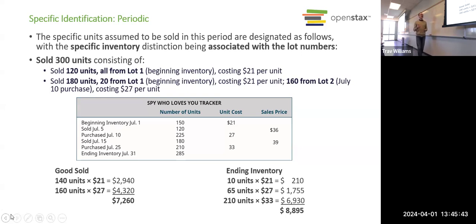So then if we want to see the cost of what we still have in inventory, do we have anything left in lot one? We started with 150 units, we sold 120, then we sold another 20. So what do we have left over? 10. So we still have 10 units in lot one, which were $21 each. How about in the second lot? How many units do we have left over?